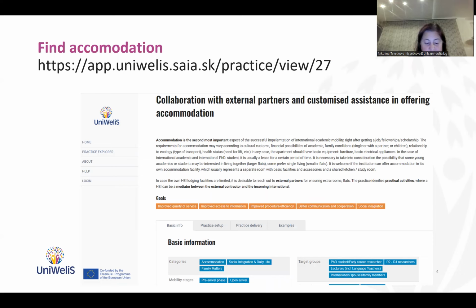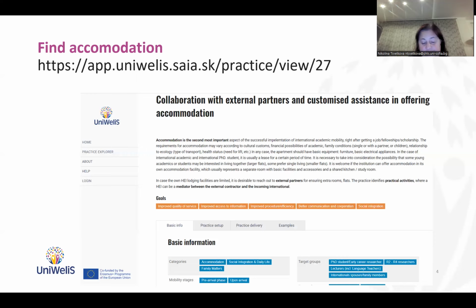Accommodation is the second most important aspect of the successful implementation of international academic mobility, right after getting a job or fellowship or a scholarship. The requirements for accommodation may vary according to cultural customs, financial means of the academic, family conditions.